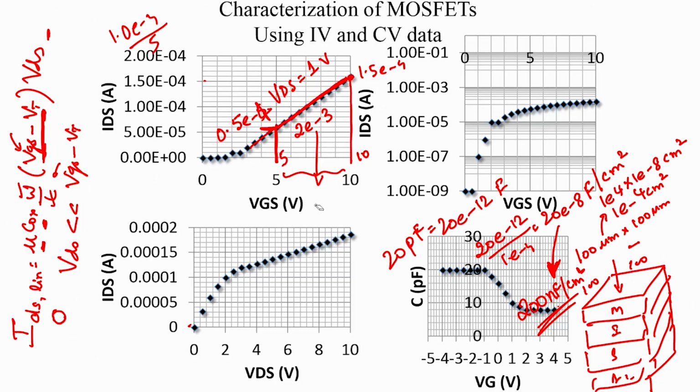I am quite sure I have made a mistake here, but nevertheless that is the way you go about calculating this. Okay, so let us just cross check this, 1 e minus 4 by 5 volts, that is 10 e minus 3 by 5, which is 2 e minus 3, and the capacitance was 200 nanofarad per centimeter square.